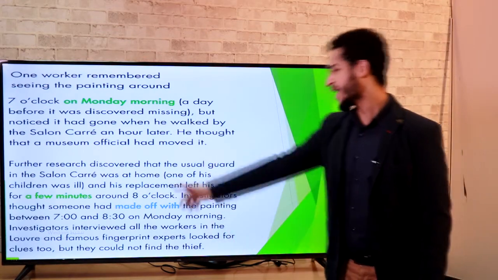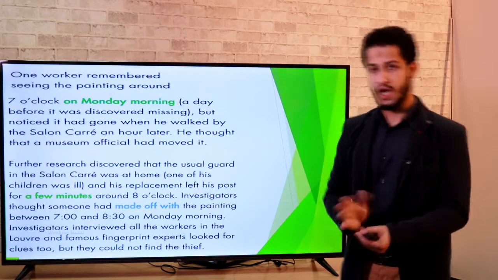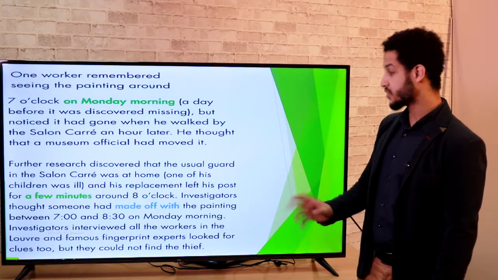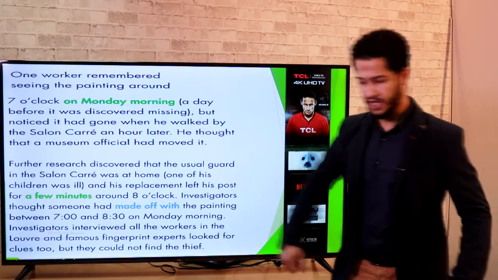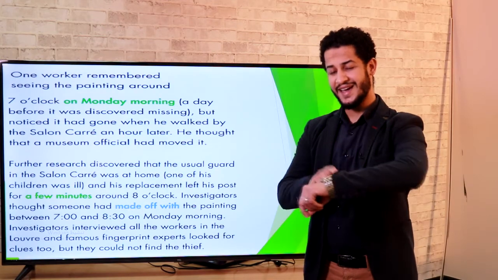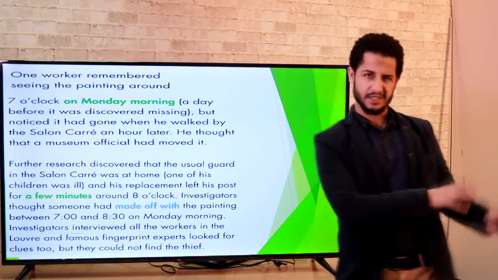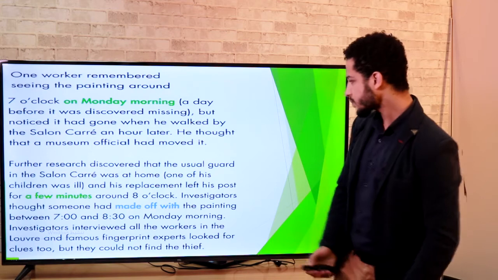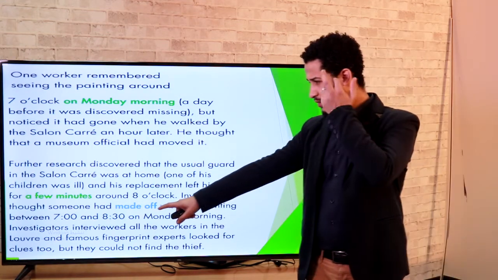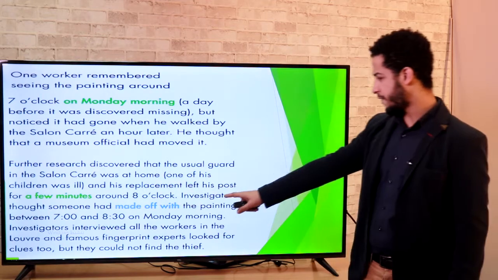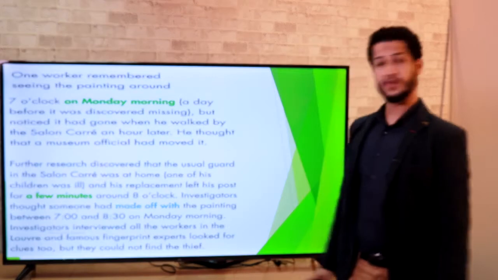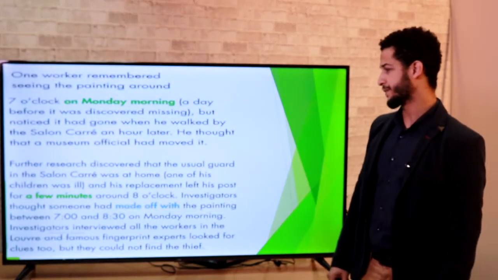And his replacement, another guard, left his post for a few minutes around 8 o'clock. Investigators thought someone had made off with the painting between 7 and 8:30 on Monday morning.